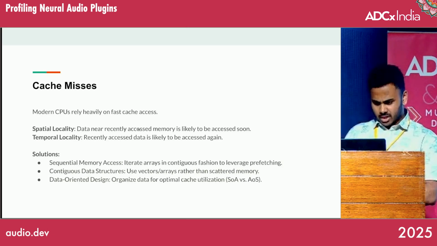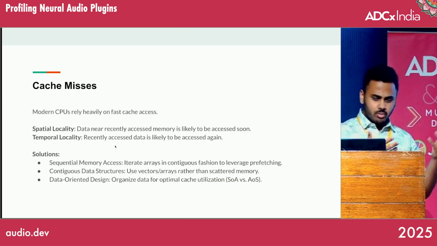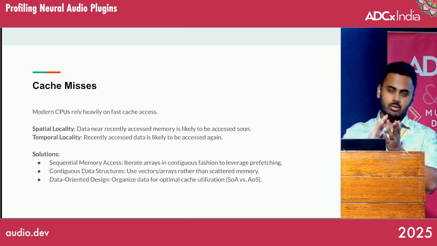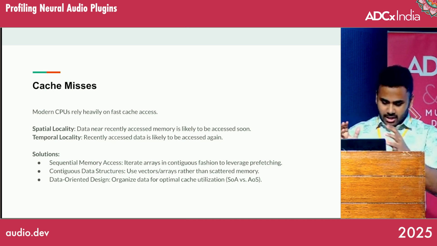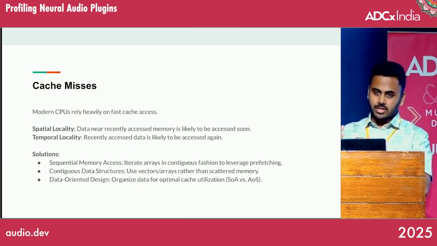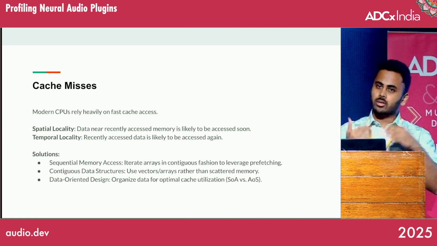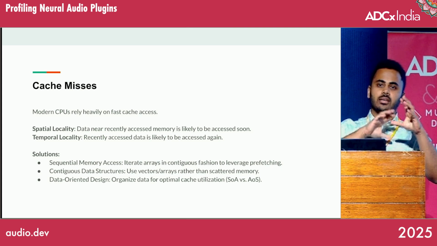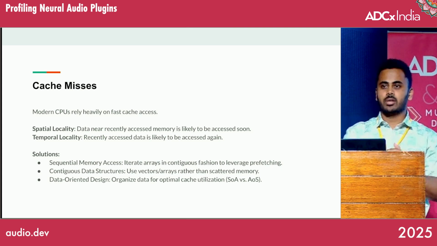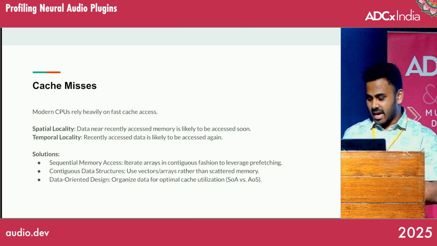Things to keep in mind: anytime you're managing your tensors, you focus on a data-oriented approach. In a sense, you do structure of arrays over arrays of structures, so that memory is all in a contiguous block, so that anytime there is prefetching, it's cache friendly.